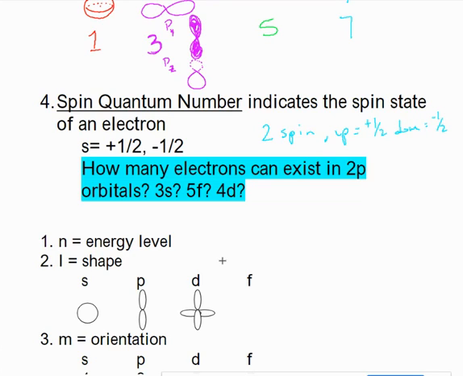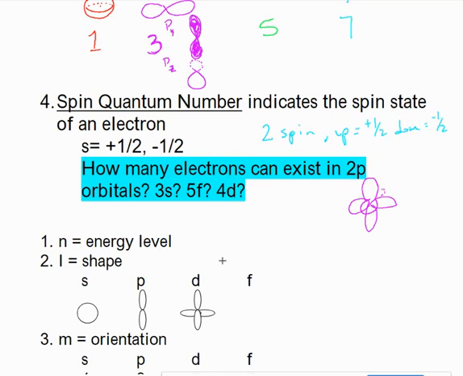How many electrons can exist in the 2p orbitals? So this is a tricky question. We had px, py, and then pz comes out towards us and goes back here.